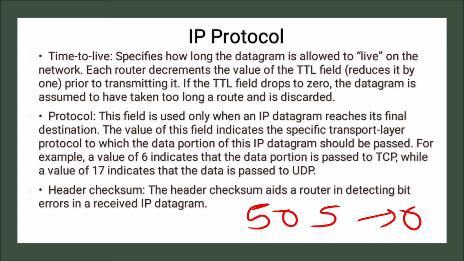The next field is protocol. This field is used only when an IP datagram reaches its final destination. The value of this field indicates the specific transport layer protocol to which the data portion of this IP datagram should be passed. For example, a value of 6 indicates that the data portion is passed to TCP, while a value of 17 indicates that the data is passed to UDP.